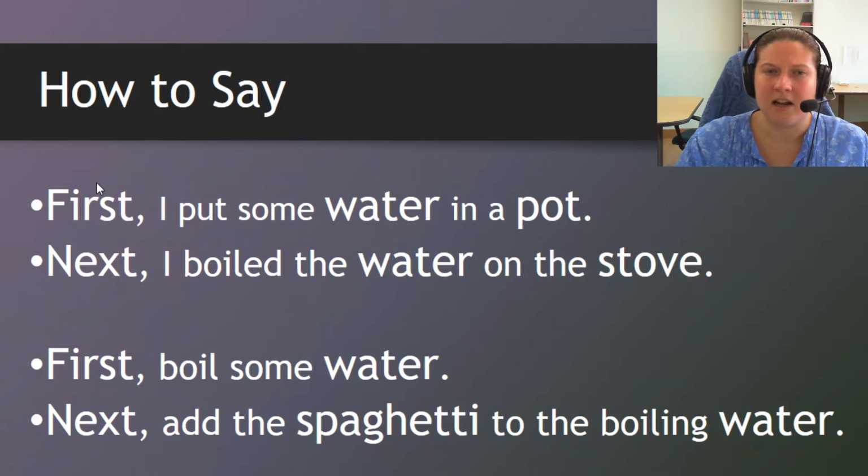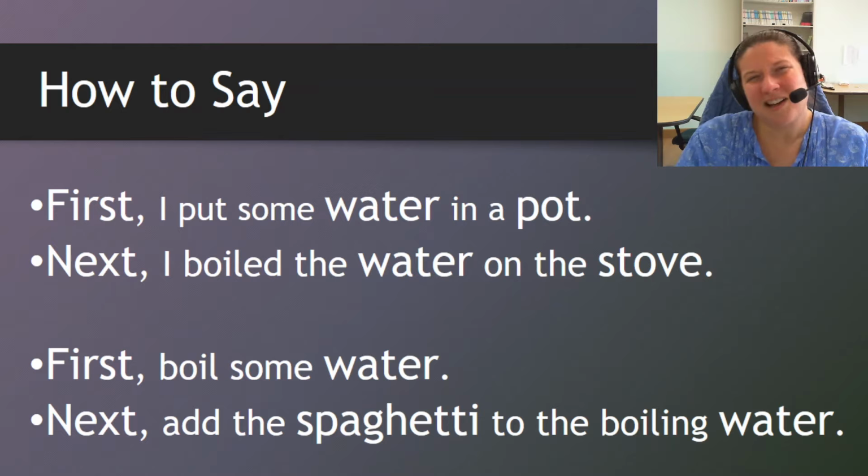And as you've seen, I've already changed these so you can see which words are going to be highlighted, which words are going to be a little bit louder. It's typically the important words in a sentence, and in this case, it's first, water, and pot. Those are the words that are going to stand out more in the sentence. And even if you just hear those three words, you can kind of guess what the sentence means.